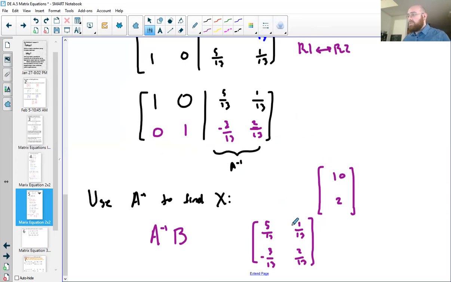So we're going to have 50 over 13 plus 2 over 13. This is equal to 52 over 13. And if I'm not mistaken, this reduces to 4. Let's see, 52 divided by 13. Yes.